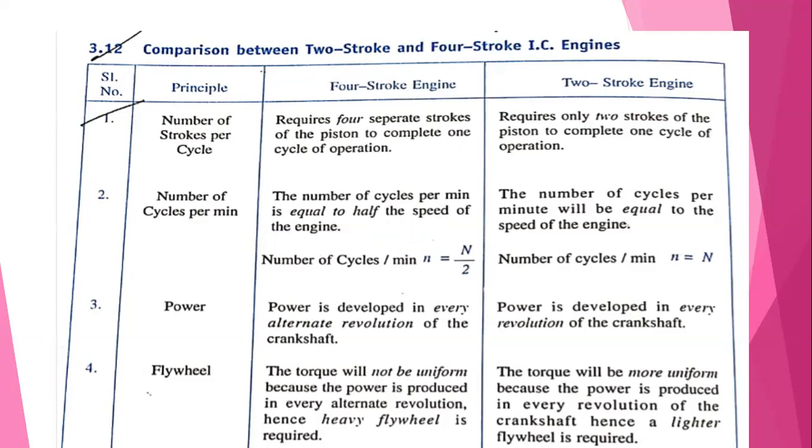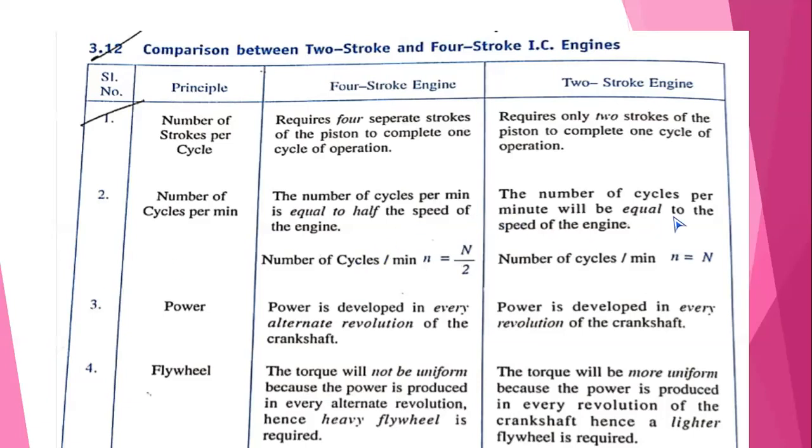This calculation is very much essential for calculating specific fuel consumption, thermal efficiency, and mechanical efficiency. For the four-stroke engine, the number of cycles per minute, lowercase n, equals N by 2. The uppercase N indicates the speed of the engine.